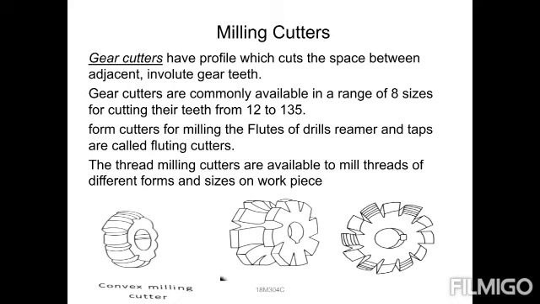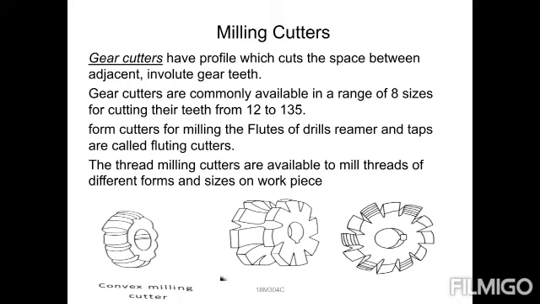While manufacturing gear teeth, the same profile is provided on the cutter for producing gears. The gear cutter has a profile which cuts the space between adjacent involute gear teeth. Gear cutters are commonly available in a range of 8 sizes for cutting teeth, from 12 to 135 mm.